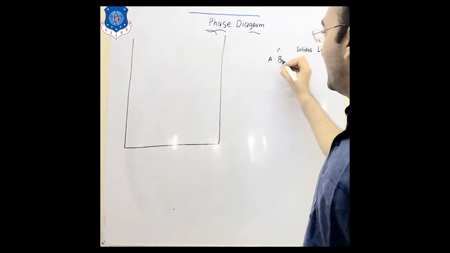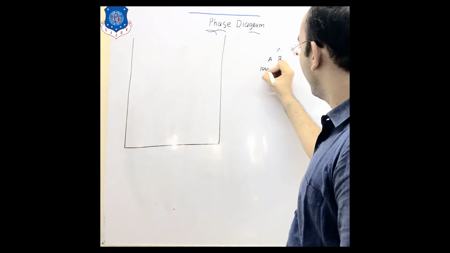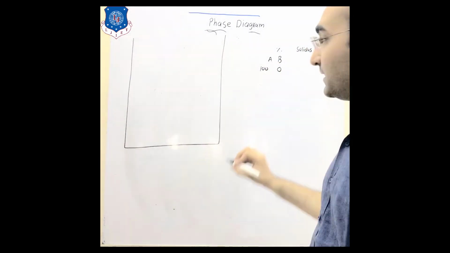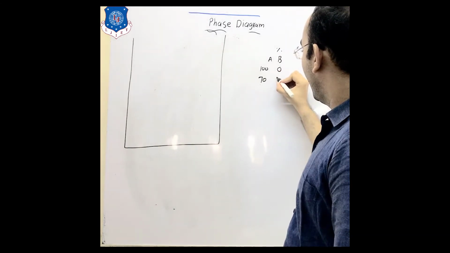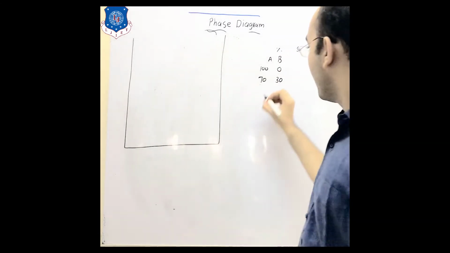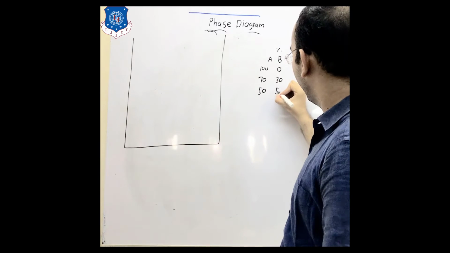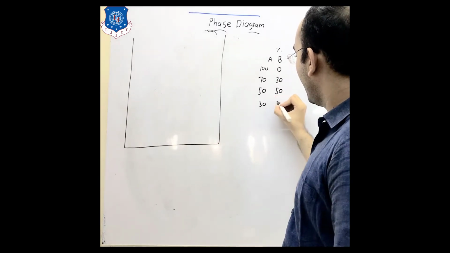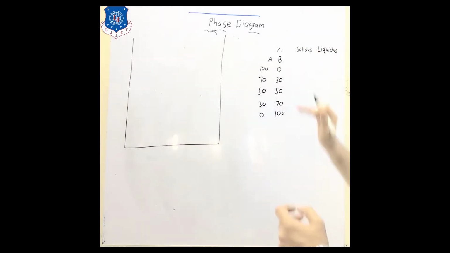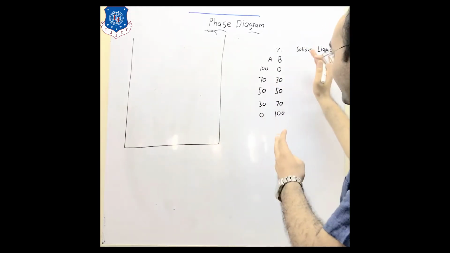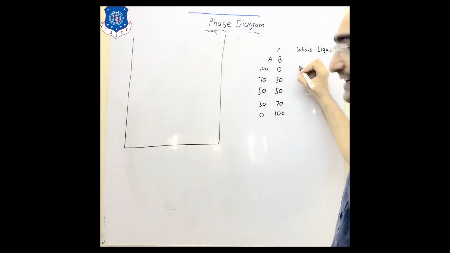Now percentage of A and B: here 100% A, 0% B. Then we will plot 70% A, 30% B, 50% A, 50% B, 30, 70 and 0, 100. For these five compositions, let us take the solidus and liquidus temperatures.